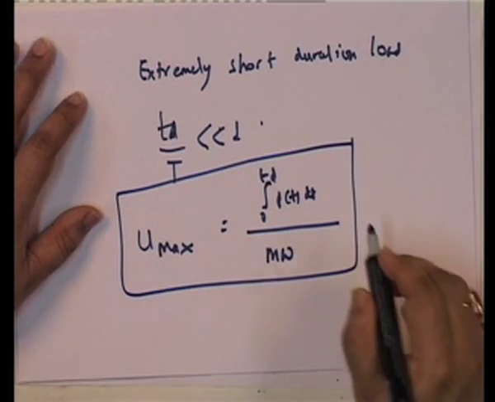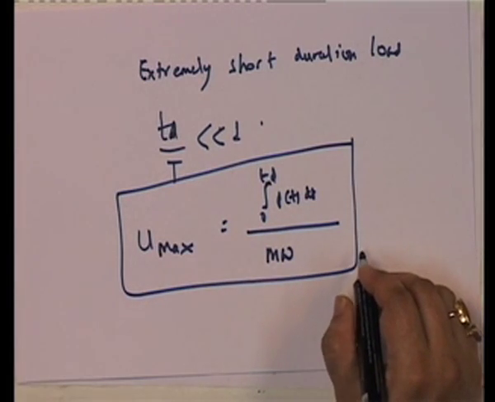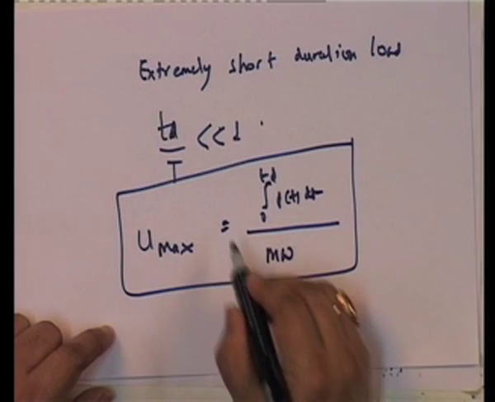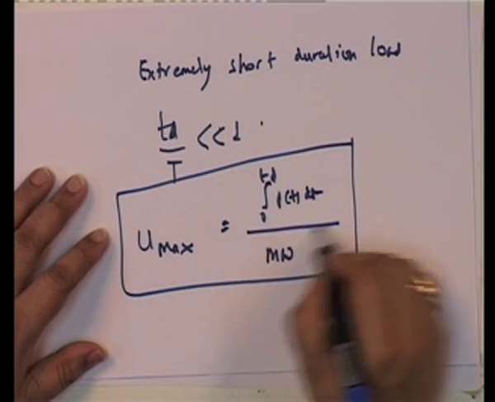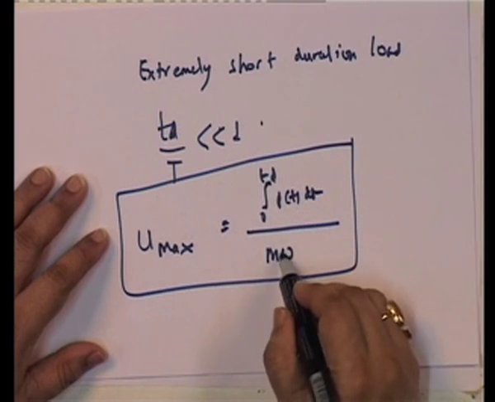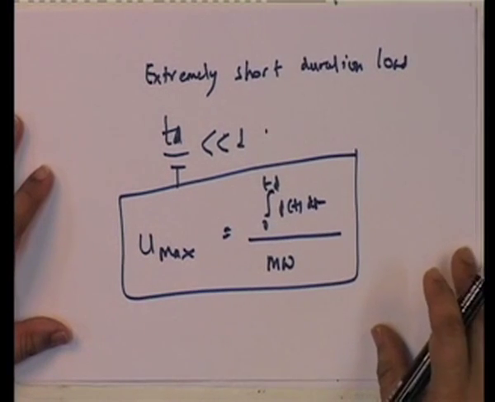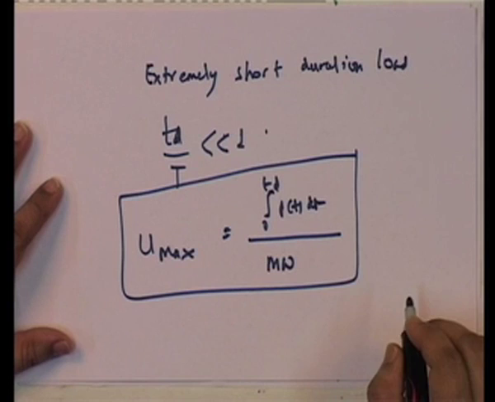That is what u max depends on. So, note that it becomes very, very simple. Find out the area under the curve, divide by m omega, and that is your maximum value.